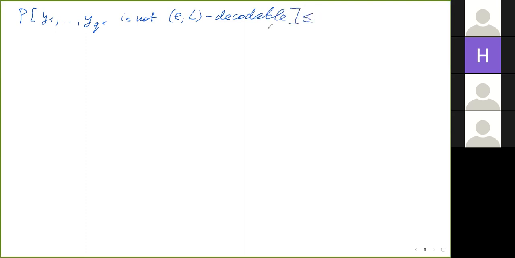Now, what does it mean that it is not decodable? That means that there is a bad ball which contains more than L codewords.